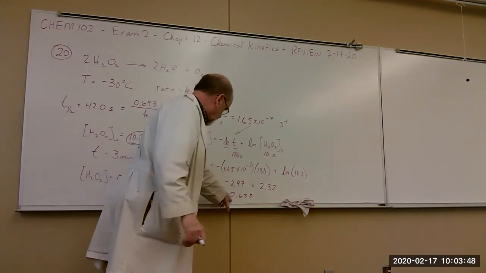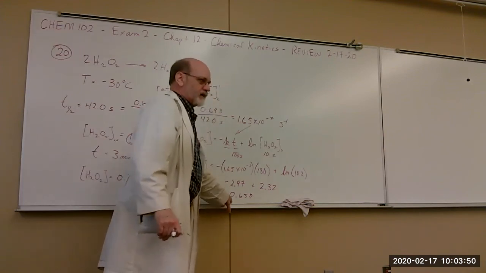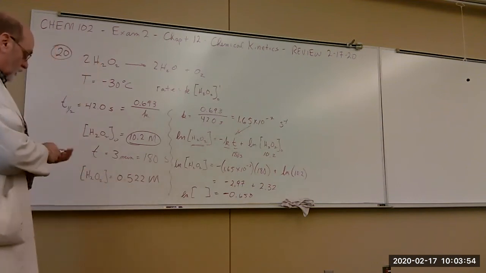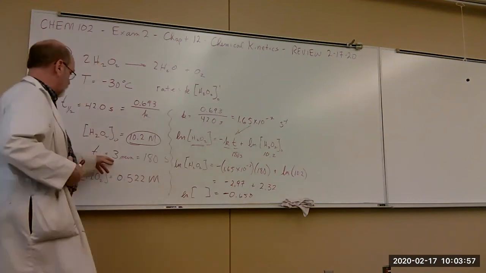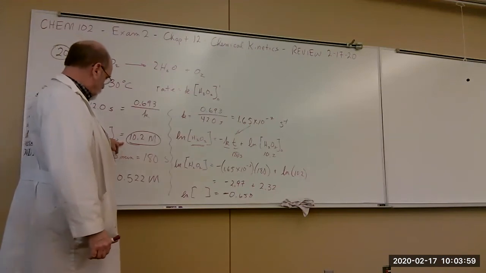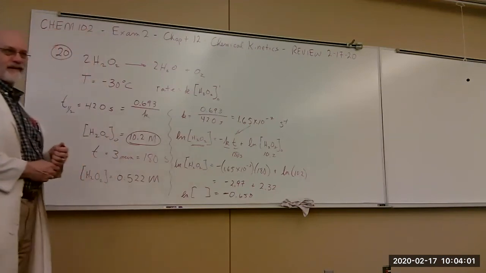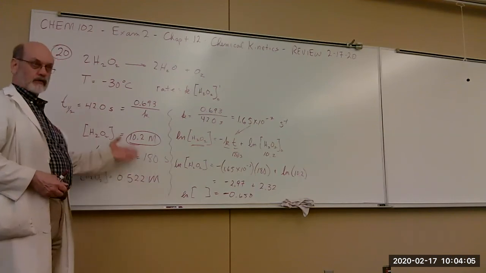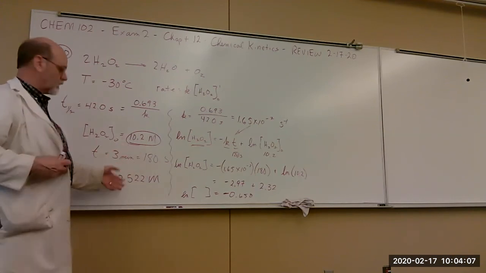You have to take e to the power. E to the negative 0.65. So for a first order reaction after 3 minutes, you've lost quite a bit. If it were zero order, this would be a lot higher. You would lose less. Second order, you'd lose even more.